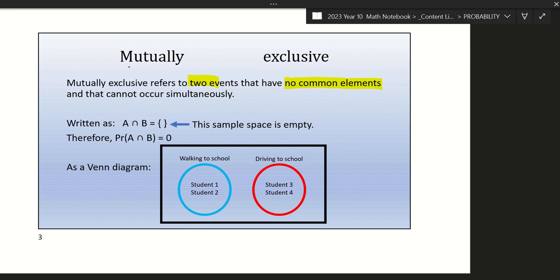What about a number card and a face card? Mutually exclusive, they can't happen at the same time. Now think about this. Can I pick a card that's red and the number 5? Is that mutually exclusive? No, good, because it can happen at the same time.